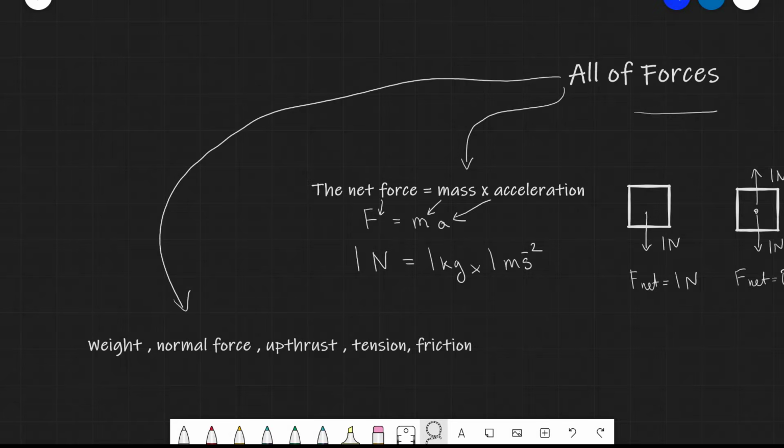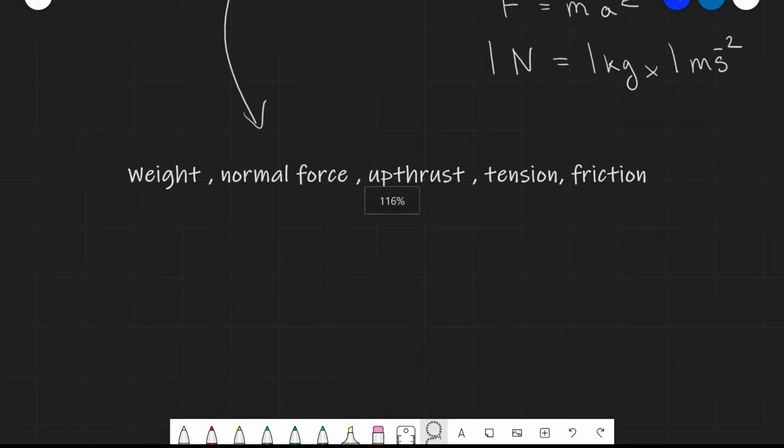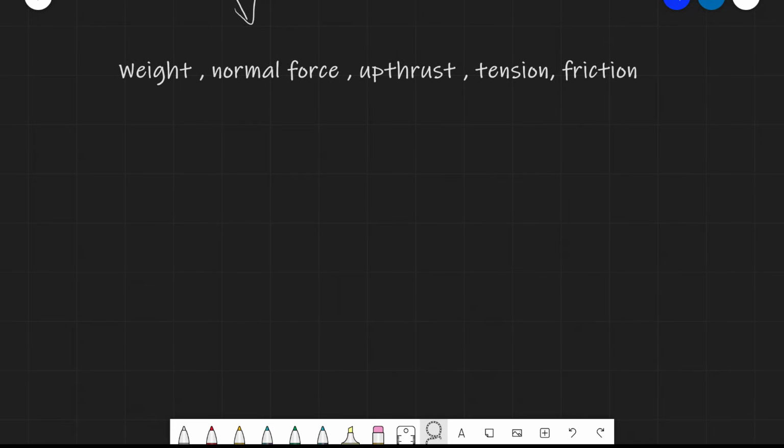Now that we have a basic idea of what a force is, let's have a look at a few different types of forces. So first off, starting off with the weight. Now imagine that we have an object which is falling towards the ground through space, and that's the only force that is acting on that object.